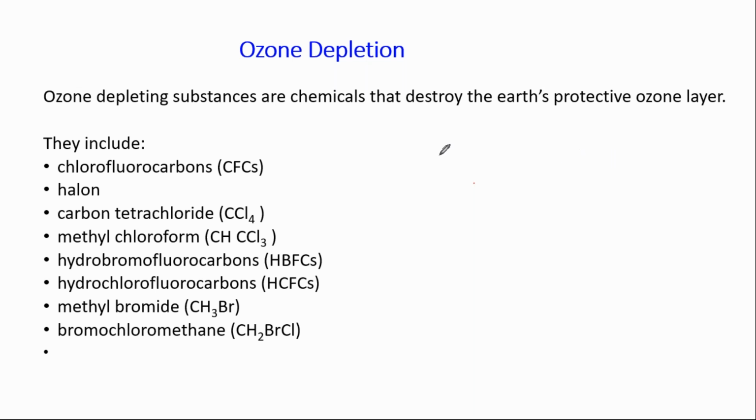That is the characteristic of chlorine, the reaction of chlorine and ozone. One chlorine atom is going to destroy 1 lakh ozone molecules, and that is the potential of that chlorine atom to destroy this much ozone.